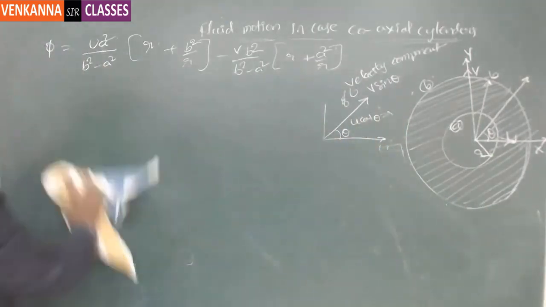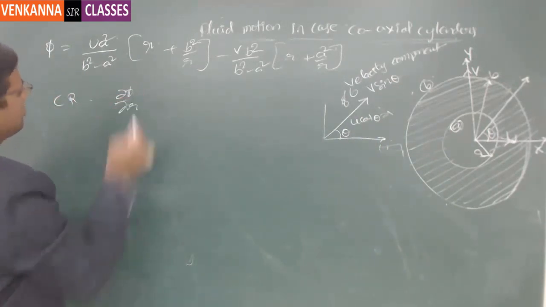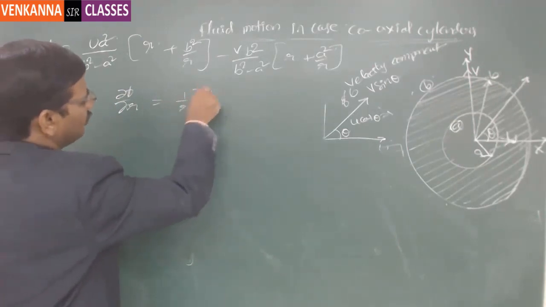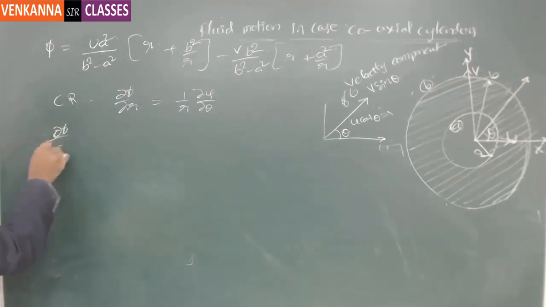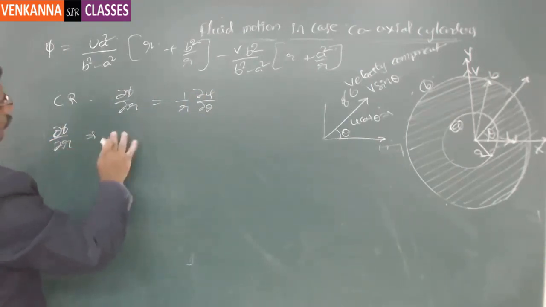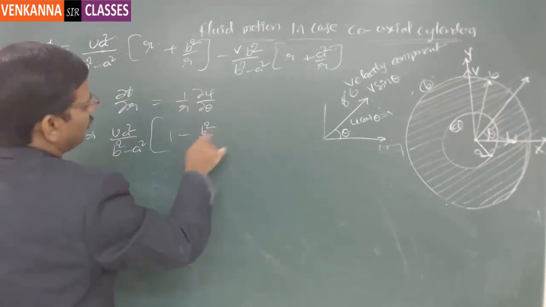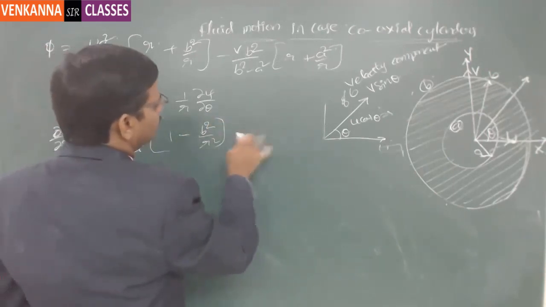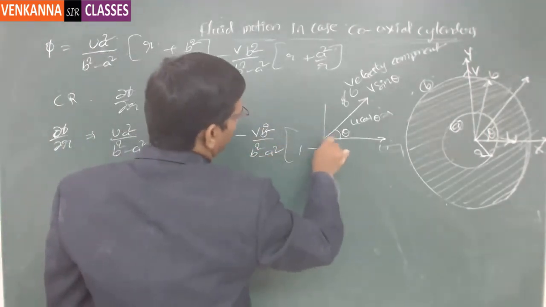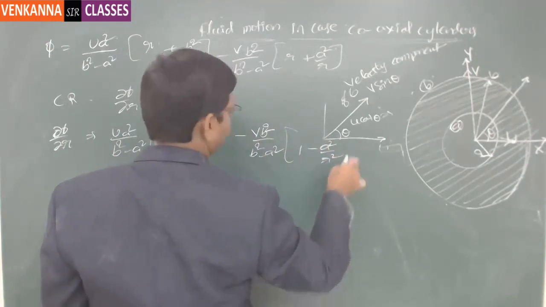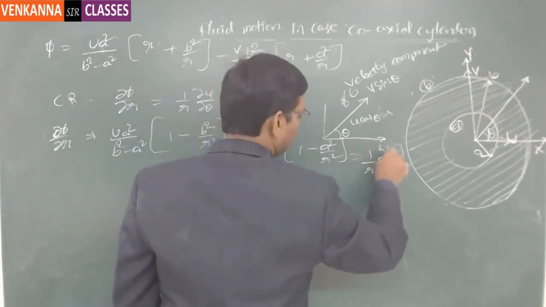So this complex potential, with the help of CR equations, ∂φ/∂r is equal to 1/r times ∂ψ/∂θ. Now ∂φ/∂r, if you calculate for this, is equal to u a square by b square minus a square, and then 1 minus b square by r square, minus v b square by b square minus a square, 1 minus a square by r square, and this should be equal to 1/r times ∂ψ/∂θ.